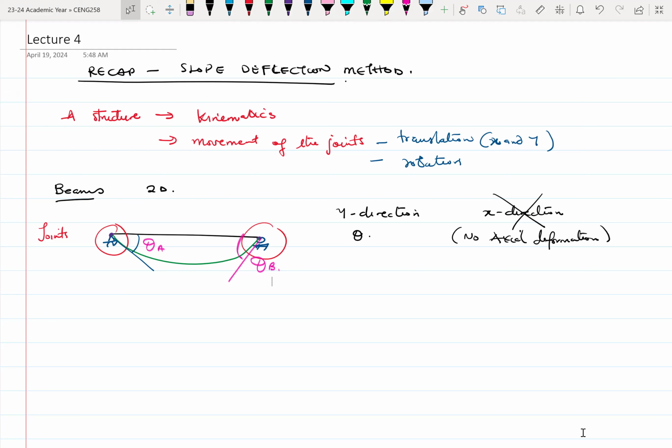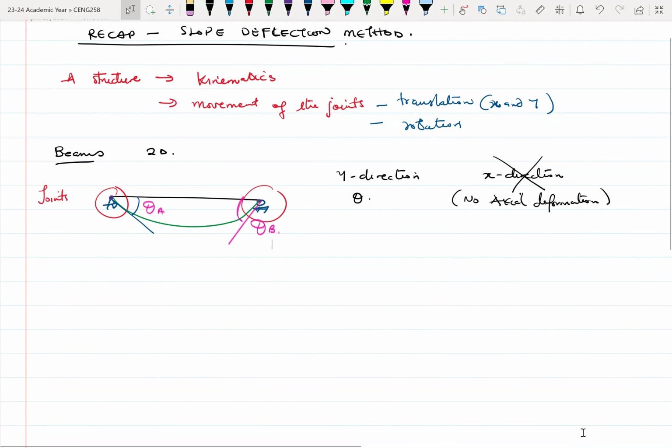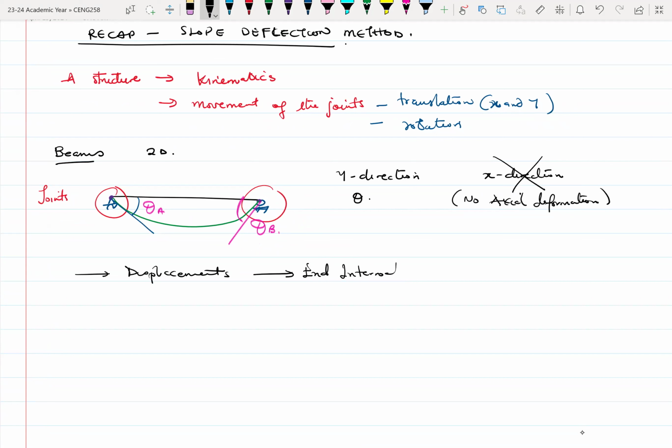With the slope deflection method, the goal is to find support reactions. But to find support reactions, we first have to find the unknown displacement. So we find the unknown displacement, then use that information to find what we call the end moment, typically the end internal moment.